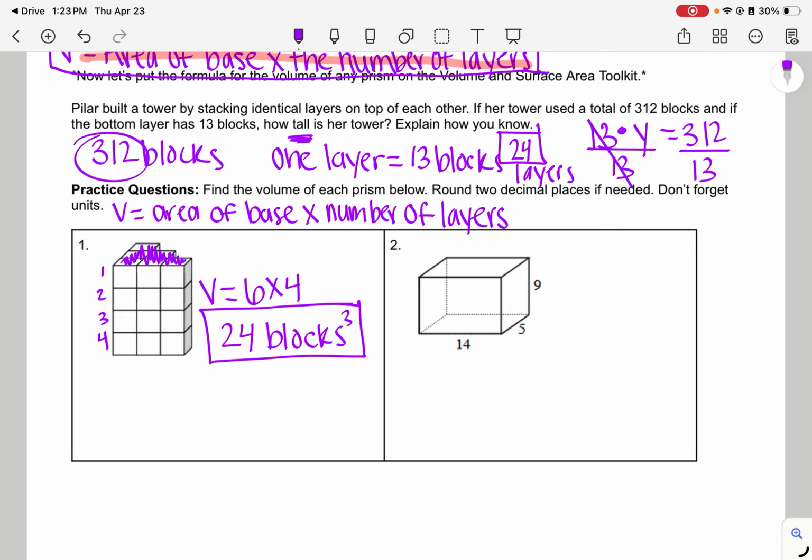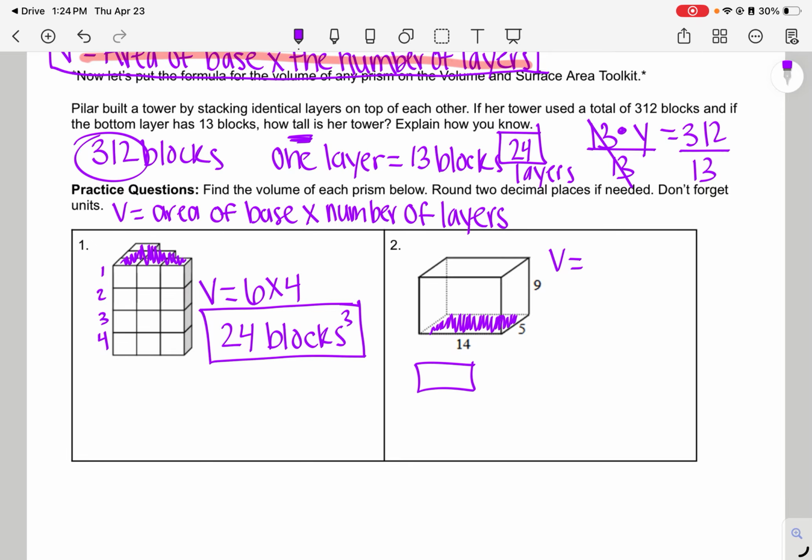Okay, so on the next one, we've got some options here because rectangular prisms are special in that anywhere could be a base and you could still get the right answer. So I'm just going to do it as the base is the bottom in this case. It's not always that case for every situation, but here we can do that. So my volume is going to be the area of my base. In this situation, I'm not counting blocks anymore. I am finding the area of a rectangle.